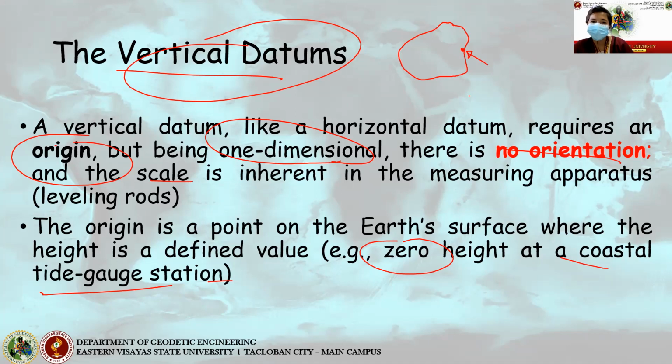There is an instrument being used, the tide gauge. It is established on the coastal area to measure the rise and fall of the tides. It measures the average rise and fall of the tide over a 19-year cycle, so that is the mean average, and that is the point where zero elevation starts.